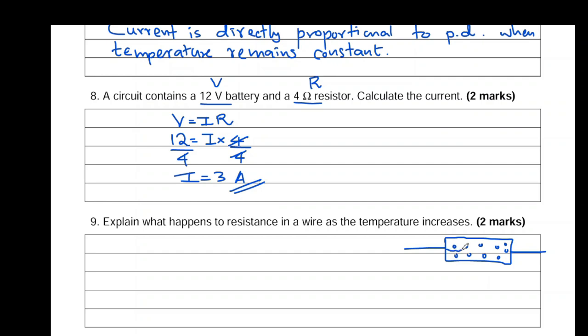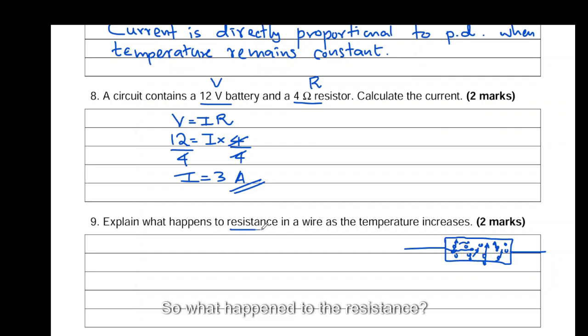So, as the temperature increases, these particles will start to vibrate vigorously. When the particle vibration becomes more vigorous, the hindrance to the movement of electrons increases. So the electrons find it harder to go through that.